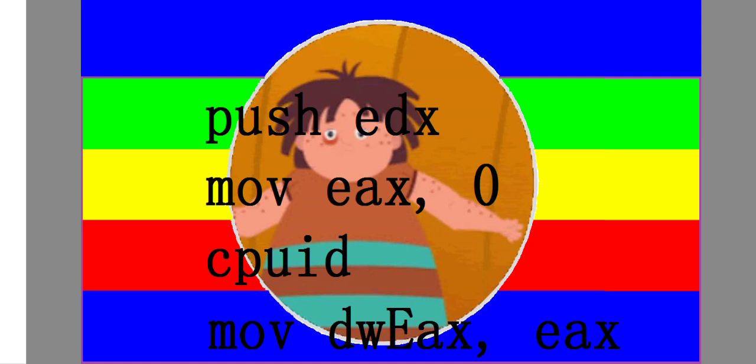We can't use CPUID as debug because the debugger doesn't support this instruction, so we can only call by the keyword underline ASM.